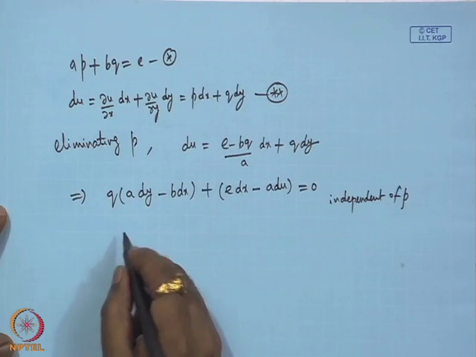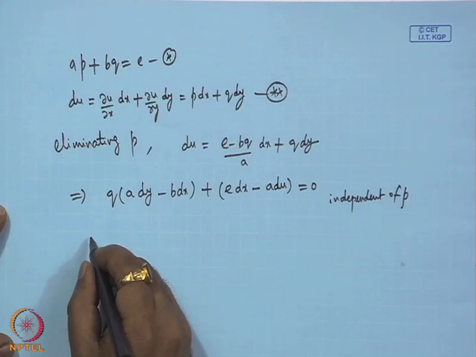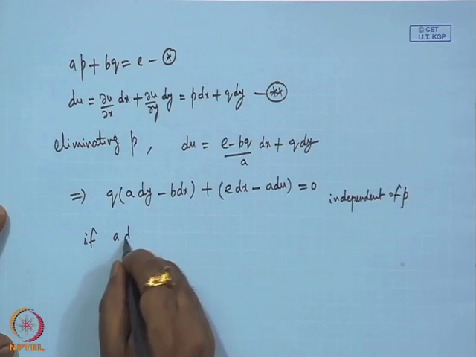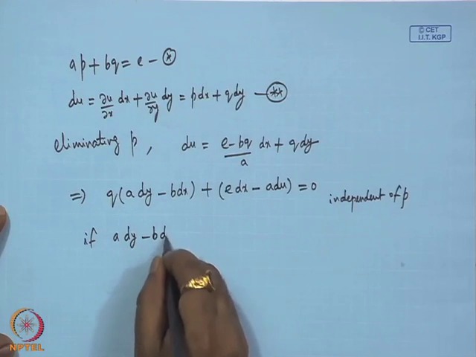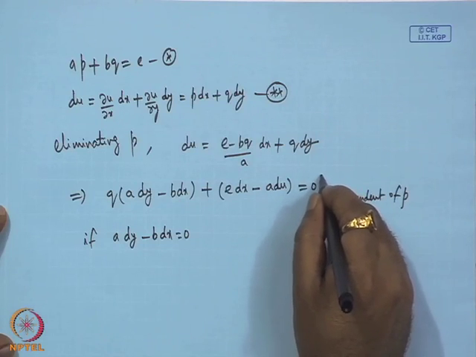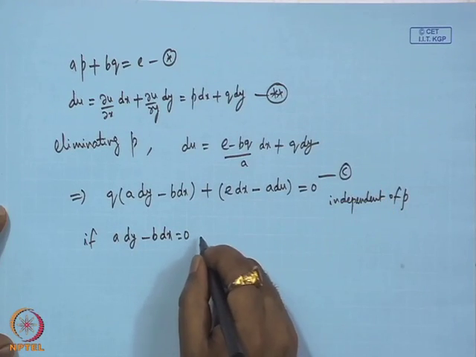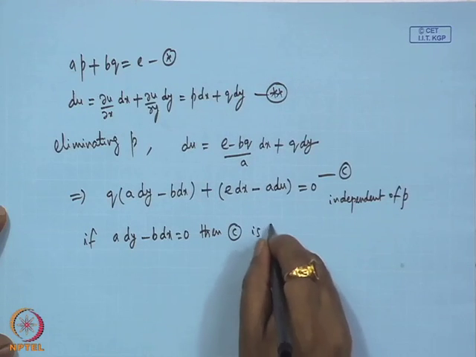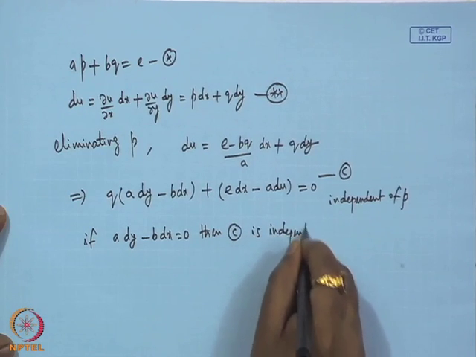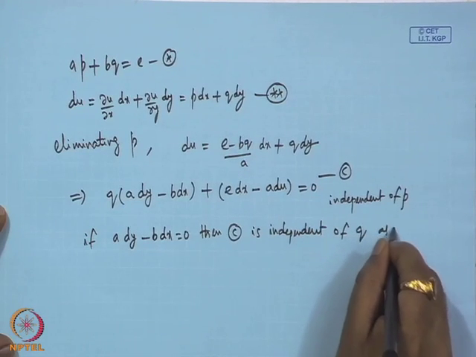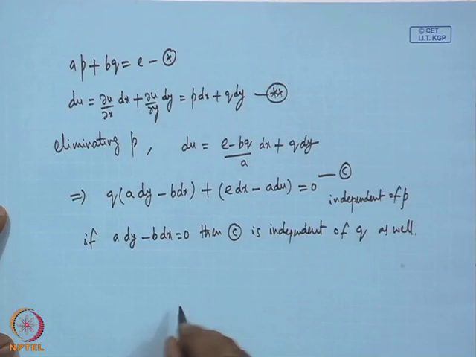Now, this can be made independent of q as well, if the coefficient is zero, then this is independent of q as well.